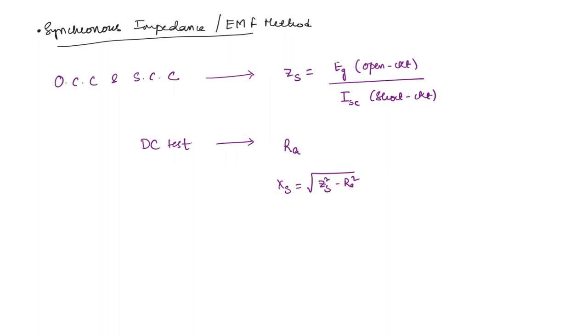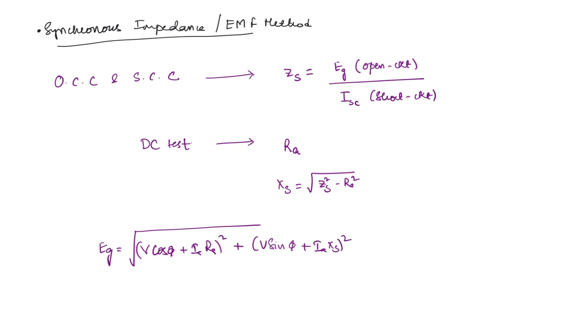So once we know these parameters, then we can find out the generated voltage at any load and any power factor. So what was the equation? Eg is equal to the square root of (V cos phi plus Ia Ra) whole square plus (V sin phi plus Ia Xs) whole square.